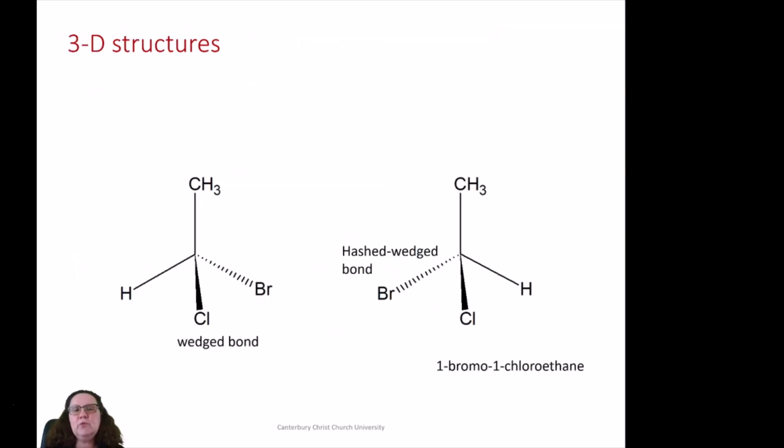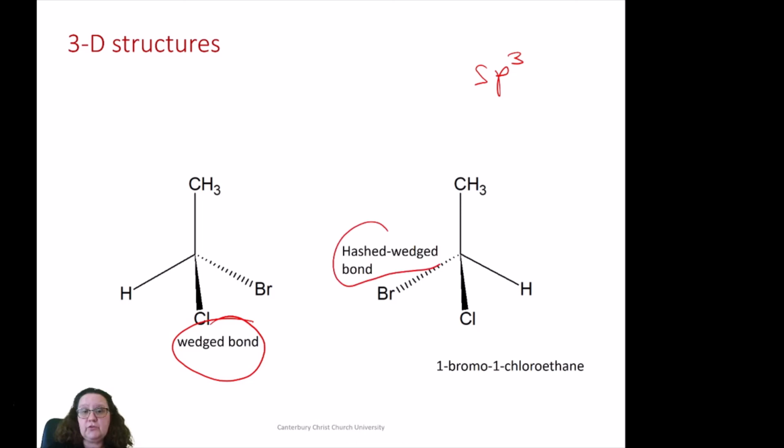A carbon involved only in single bonds, an sp3 carbon, has a tetrahedral structure, and the substituents point towards the corners of a tetrahedron. Sometimes we can try to reflect that three-dimensional structure when we're writing our compound in a 2D structure, and for that we use the wedge bonds and the hash wedge bonds.